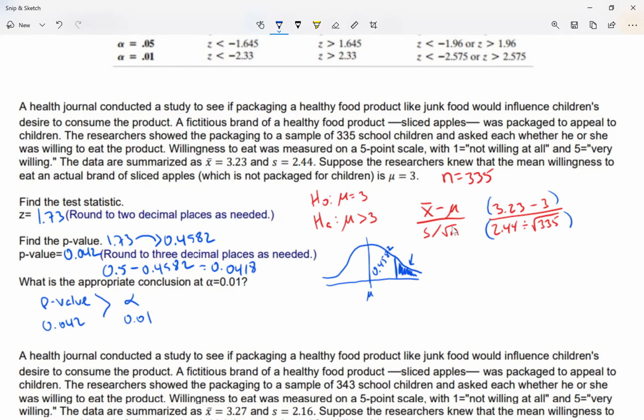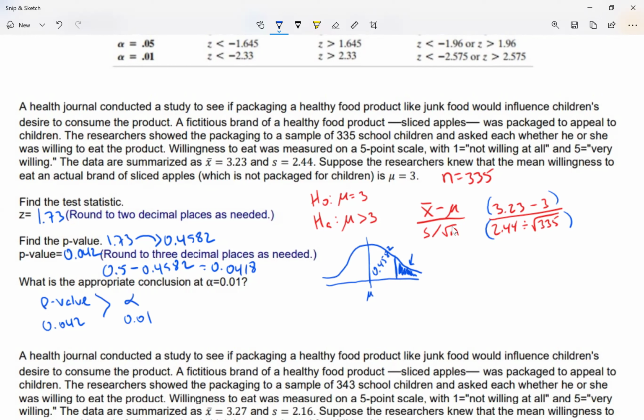I'm going to reject the null hypothesis, which means I'm going to accept the alternate hypothesis, if, a big if, and only if the p-value is less than alpha.